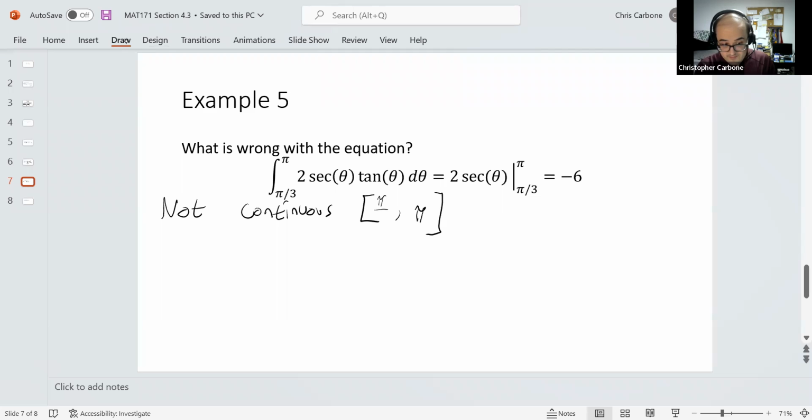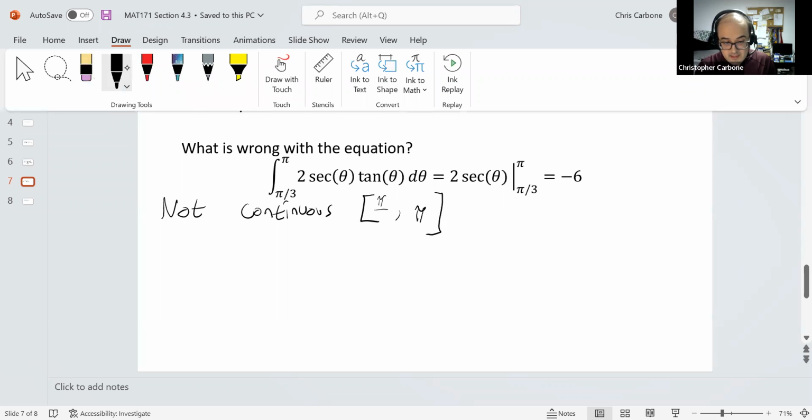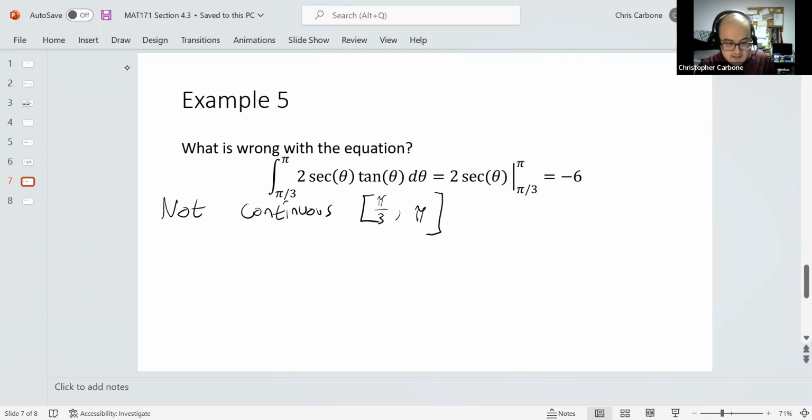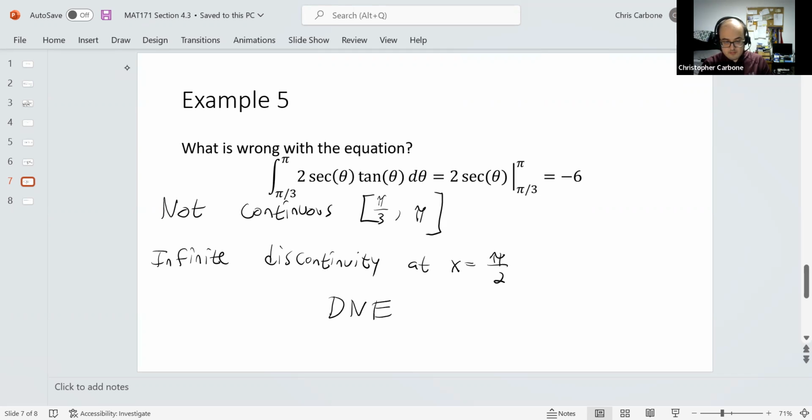And the reason for that is because we have an infinite discontinuity at x equal to pi over 2. So this answer does not exist.